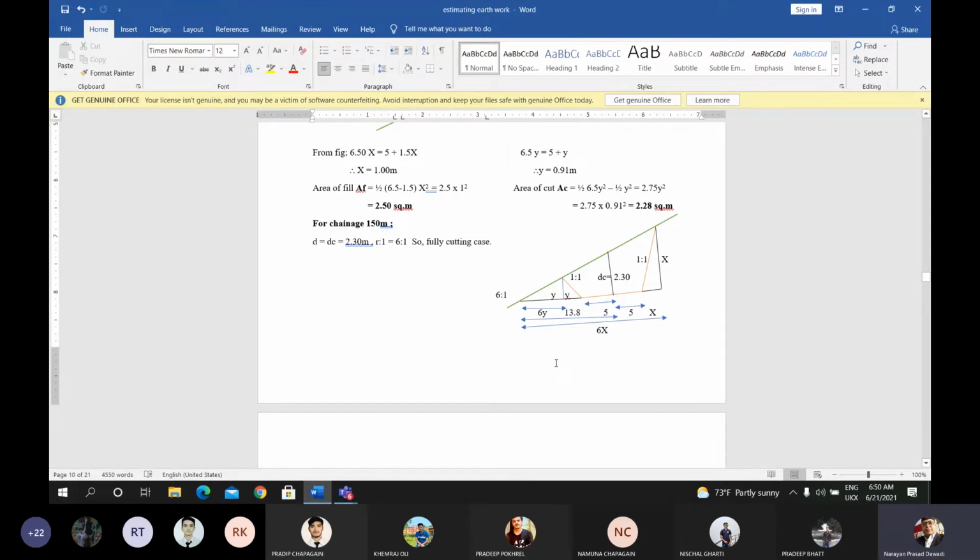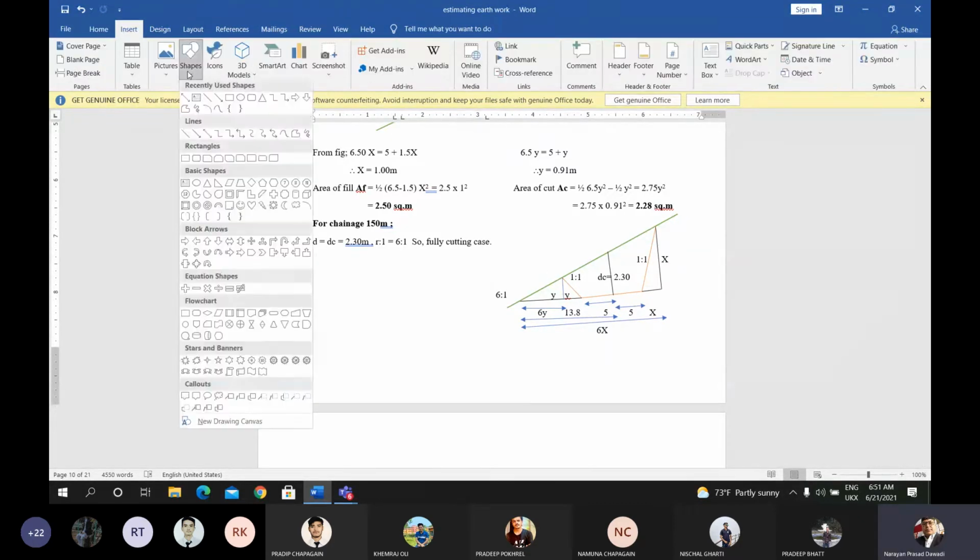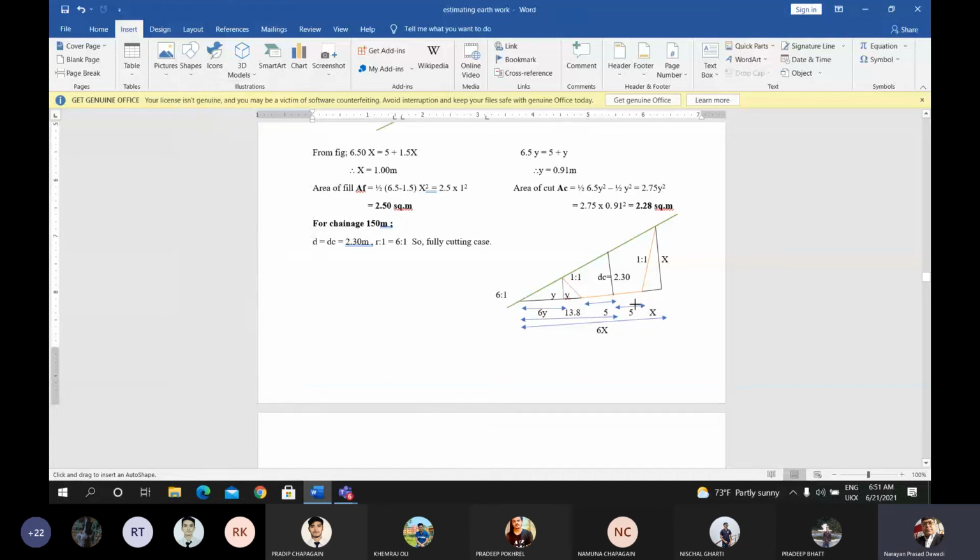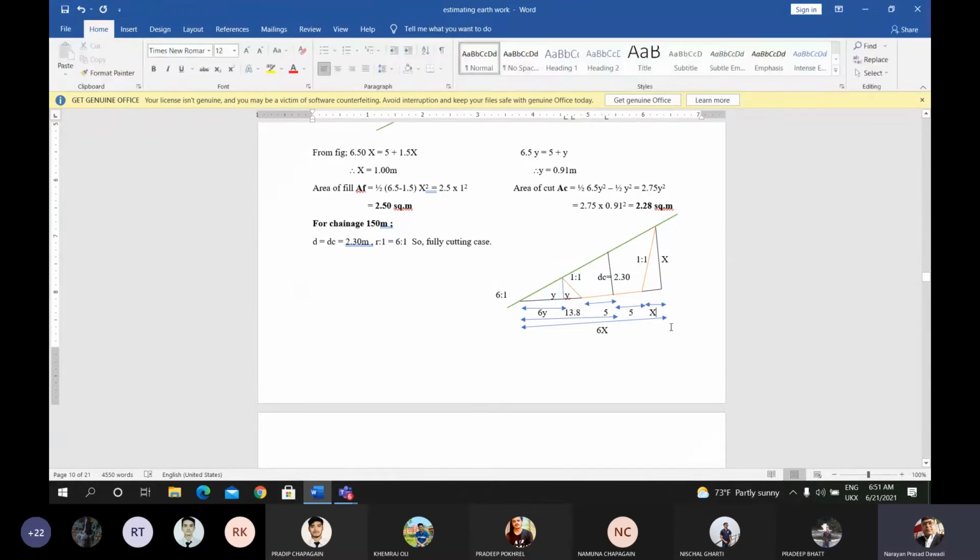Now for the slope of 1:1 and the vertical height y, this value will be y, and for the slope of 1:1 this small portion will be x. Now look at the figure.